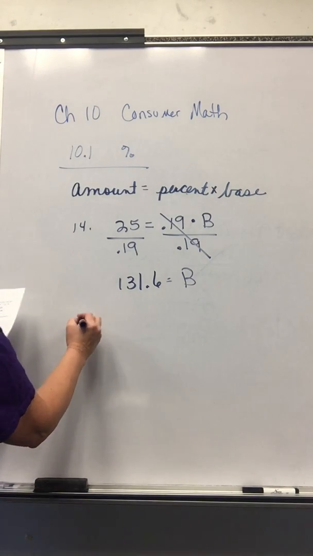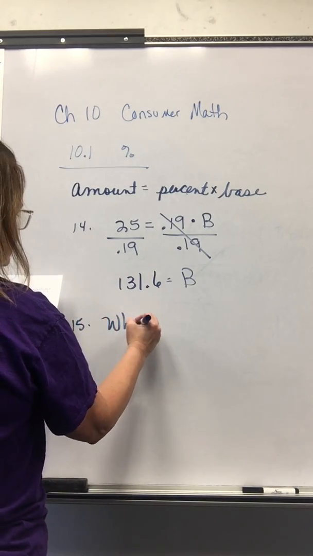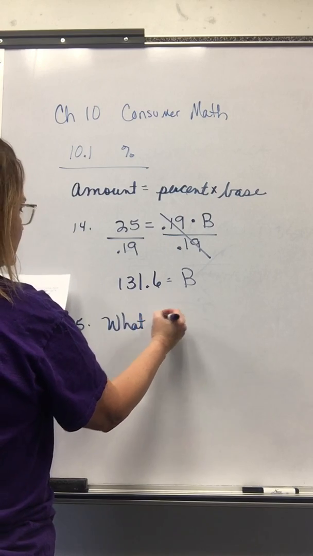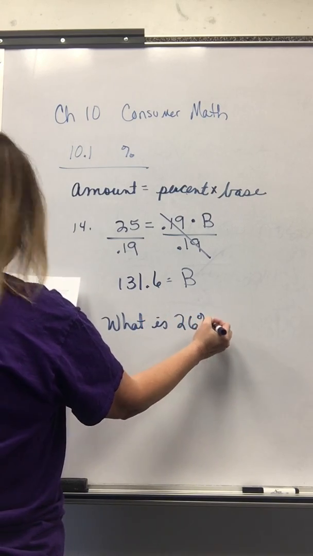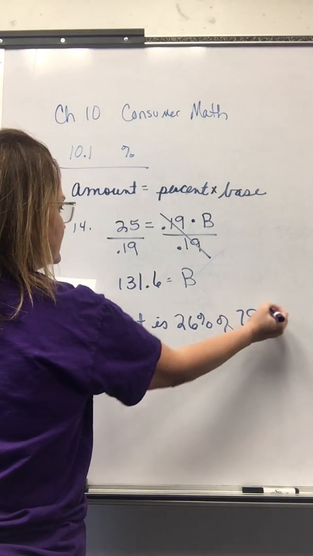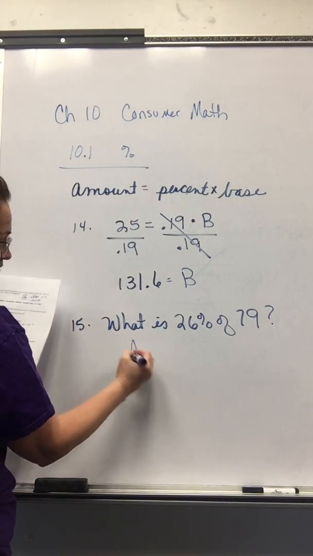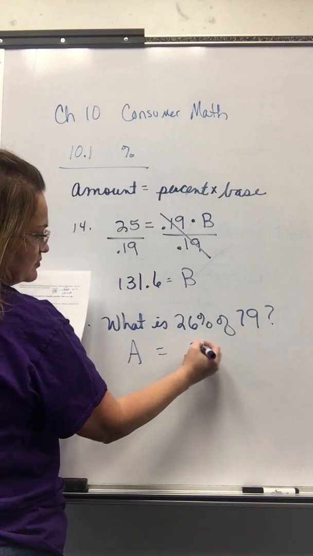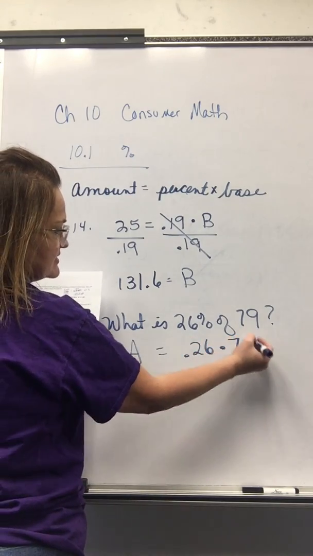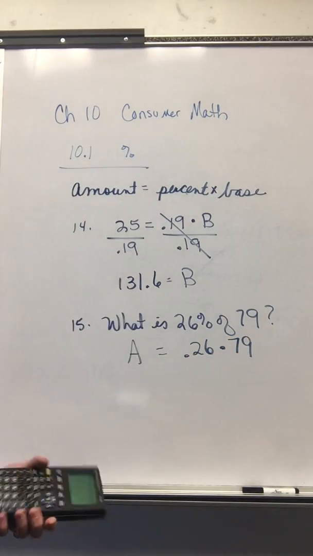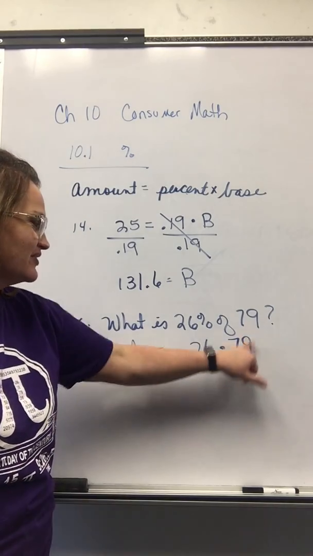Okay, then number 15, what? So that's our unknown variable, is, that's my equal sign, 26% of 79. So what, and you can use any letter you want. I'm going to use A for amount. A equals 0.26 times 79. That one I won't have to use my magic algebra skills because it's already on the same side.